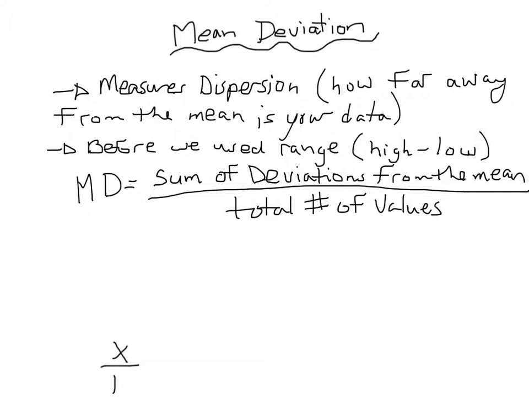So mean deviation equals sum of deviations from the mean divided by total number of values. Okay, that's the formula written out in words.